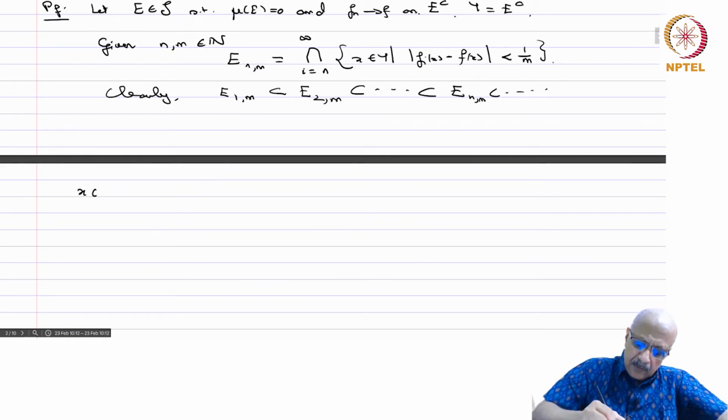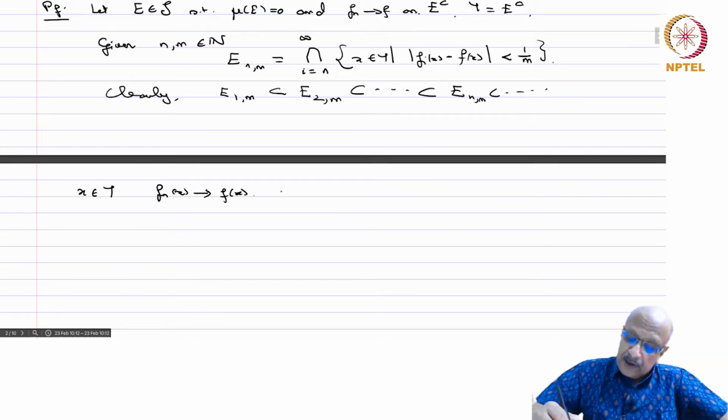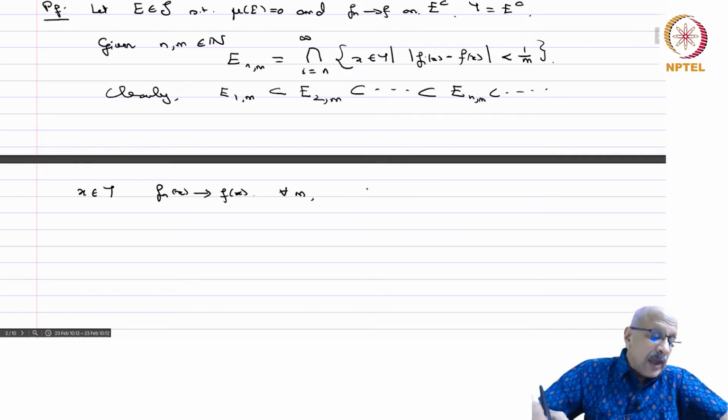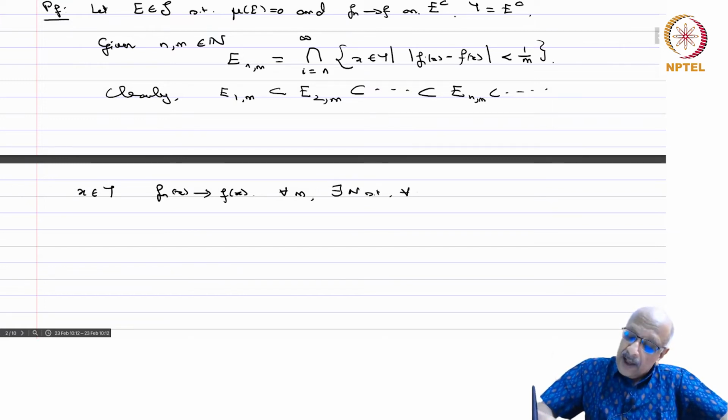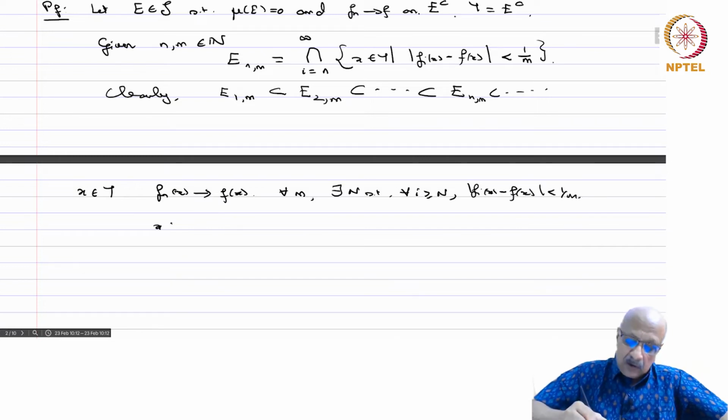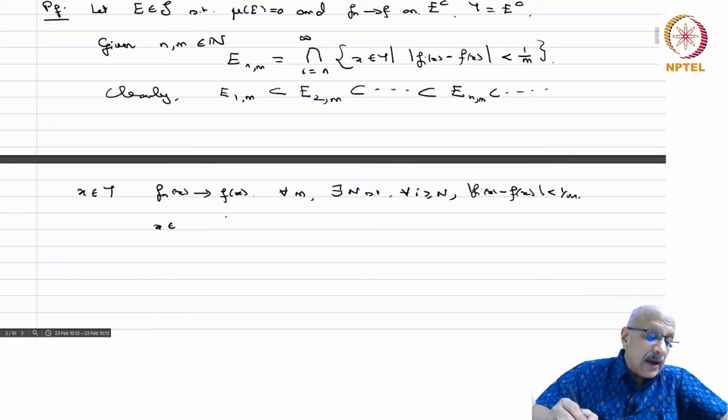Now x belongs to Y. If x belongs to Y, then you know that f_n(x) converges to f(x). And so for any m, there exists a capital N such that for all i greater or equal to N, we have |f_i(x) minus f(x)| is less than 1 by m. That means x belongs to E_{N,m}.